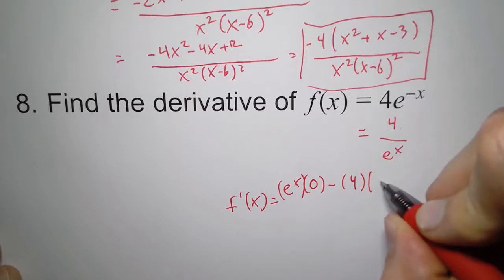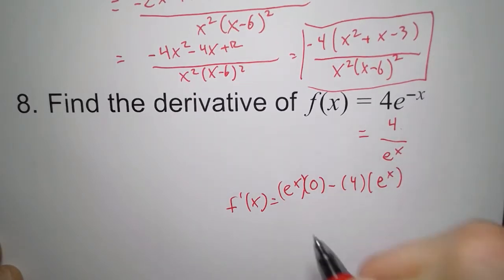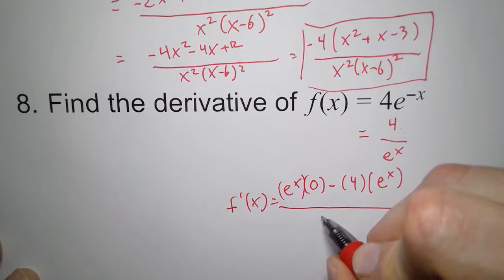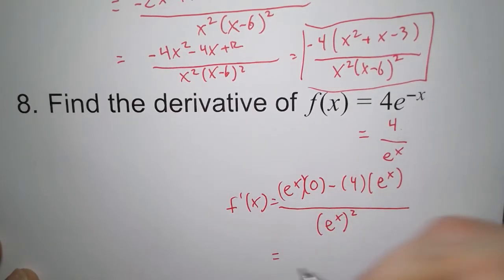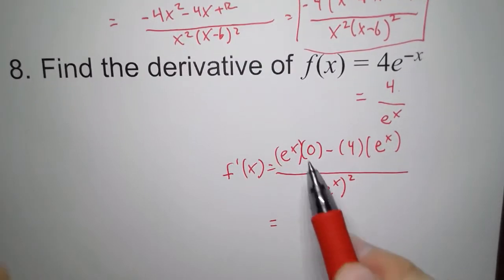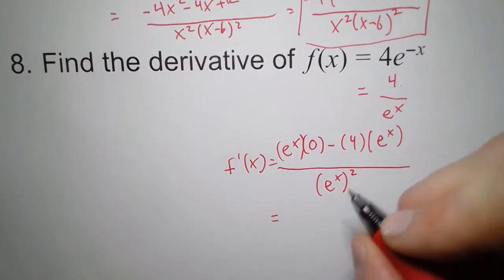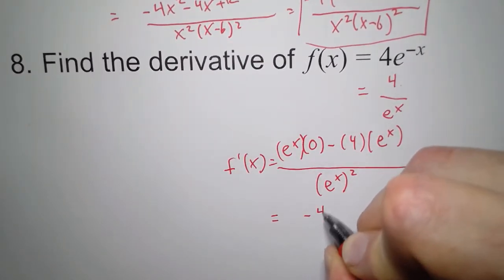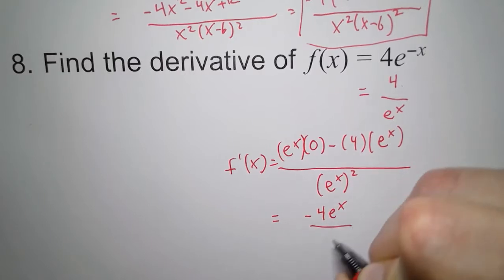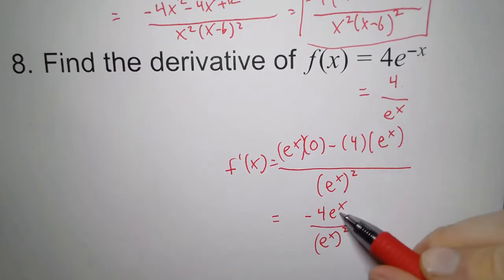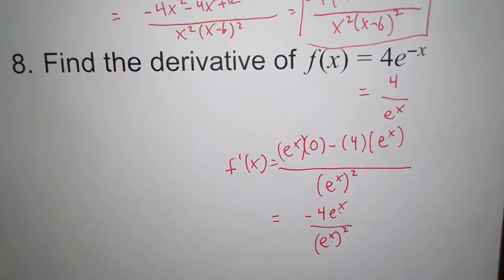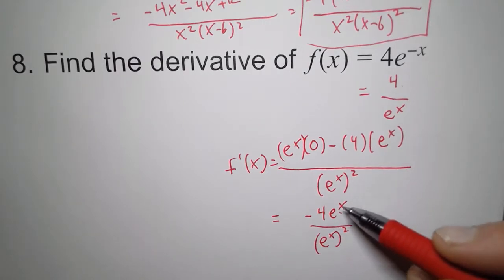Now the derivative of e to the x is just e to the x. Simple enough. And then we have e to the x squared on the bottom. So the first term, it's not even there, goes away, it's multiplied by 0. So minus 4 e to the x over e to the x quantity squared. So for the first time in this set of problems, we can actually cancel something.